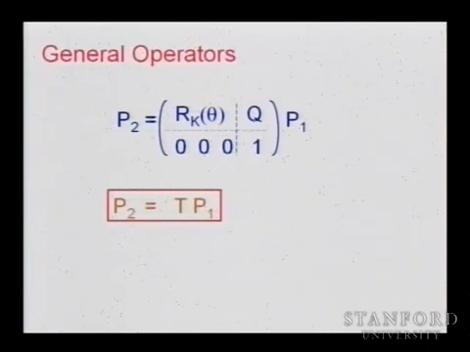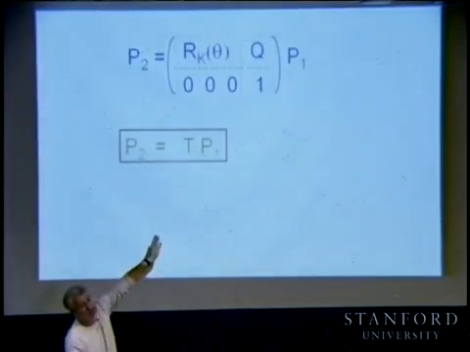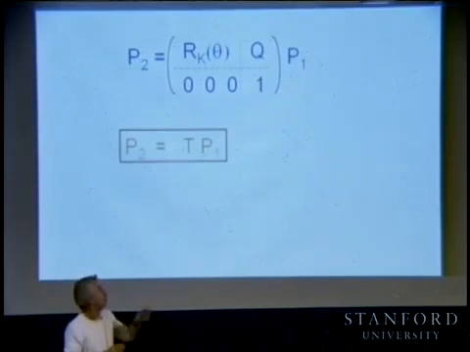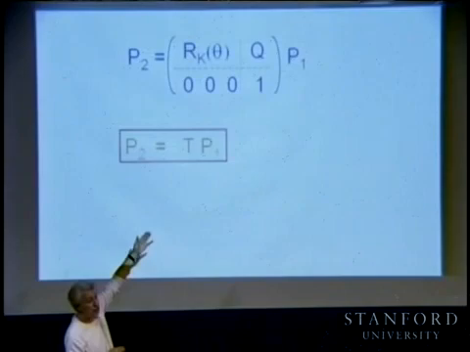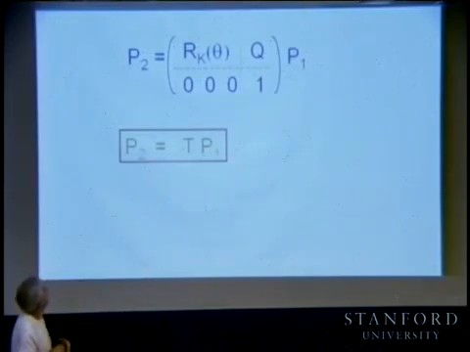So the point P, which was P1, is now rotated and translated, and the result is P2. This is without any definition of the frame. Then you define the frame in which you want to express all these vectors, but you have to make sure that you are using the same frame for all the operations. So this is the most general form of transformation between two different points.